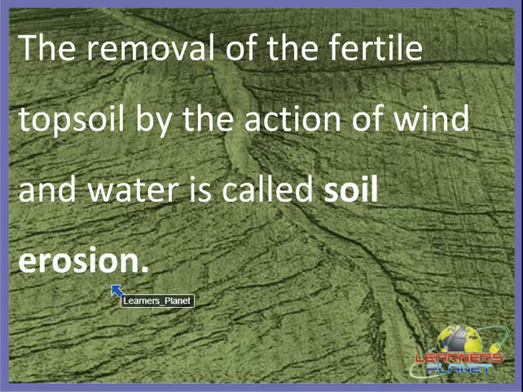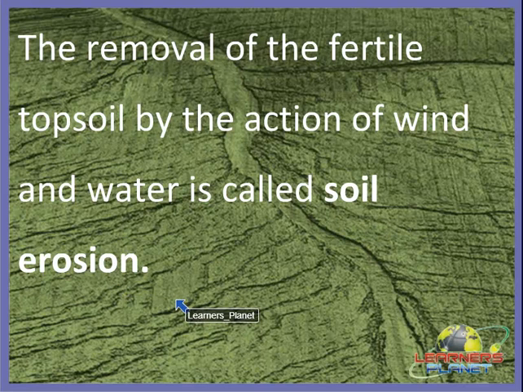So if this topsoil is removed by the action of wind and water, then what will happen to the soil? Yes, soil erosion will occur. So children, what is soil erosion? It is the removal of the fertile topsoil by the action of wind and water. Right? This is called soil erosion.